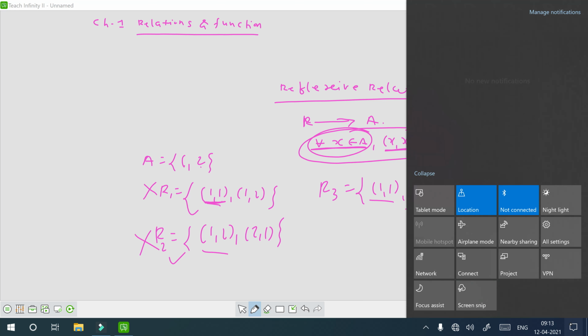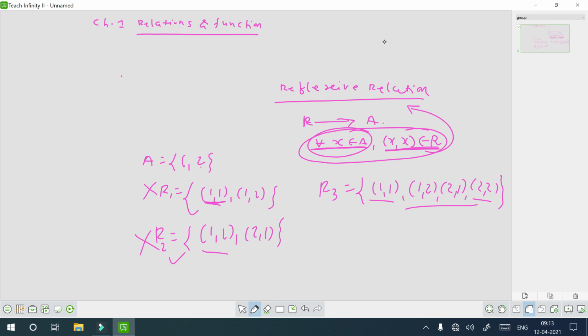So for all x belongs to A, the ordered pair (x,x) belongs to R, then it is a reflexive relation. Or in other words, for all x belongs to A, x R x. Either you write in this notation or we can write in this notation also. In that case, it is a reflexive relation.